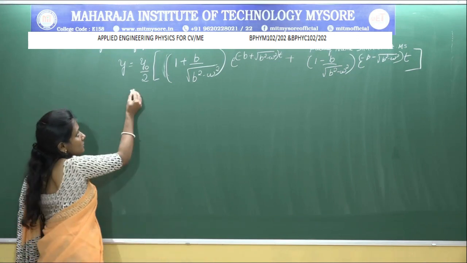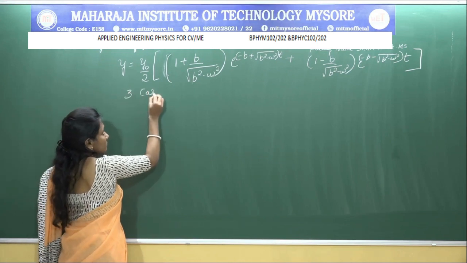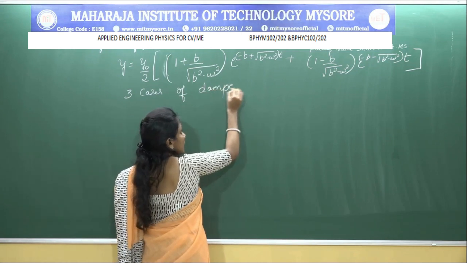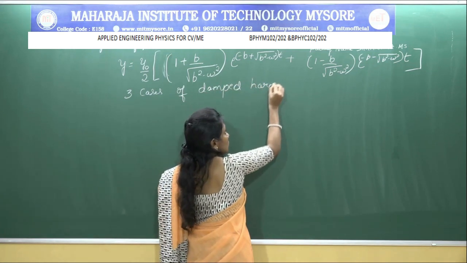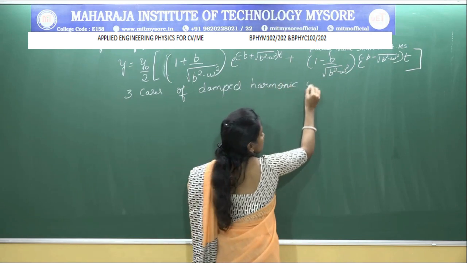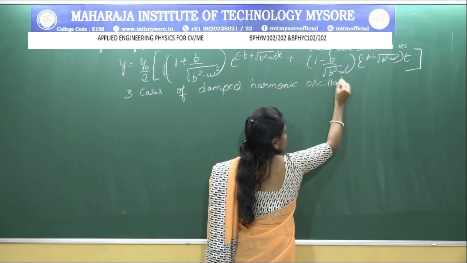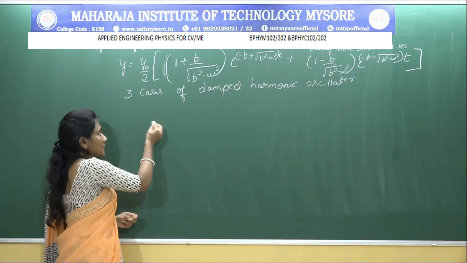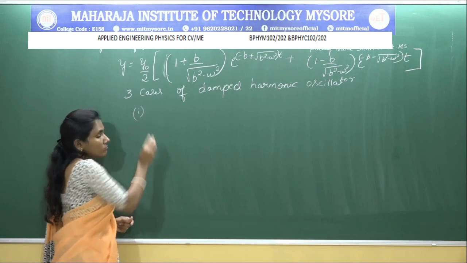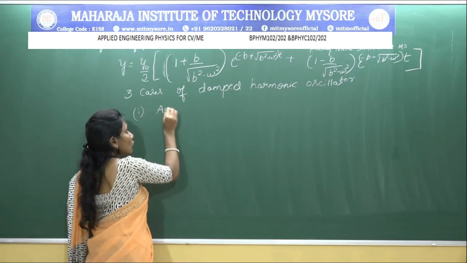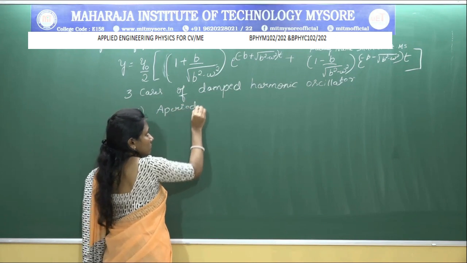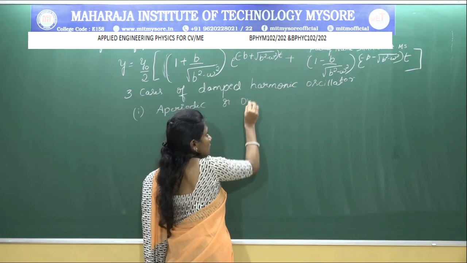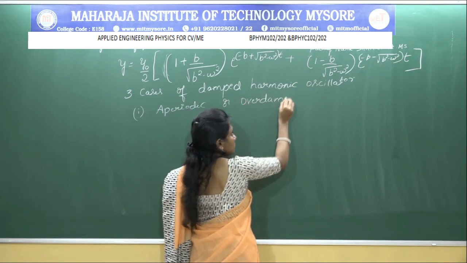The damped harmonic oscillator can be classified into 3 cases. The first one is aperiodic or overdamped oscillation.